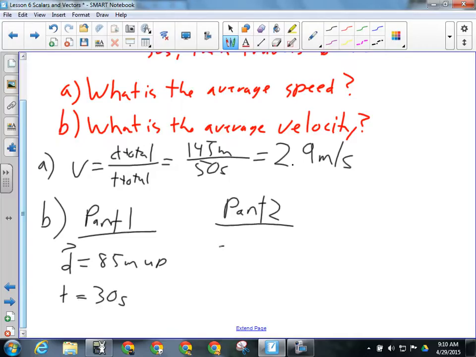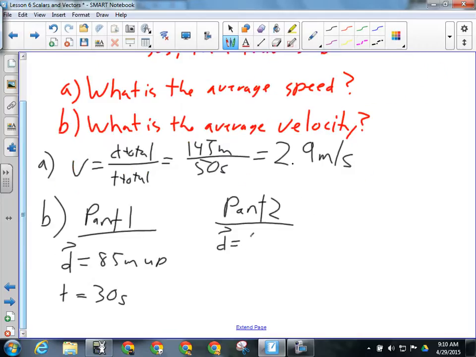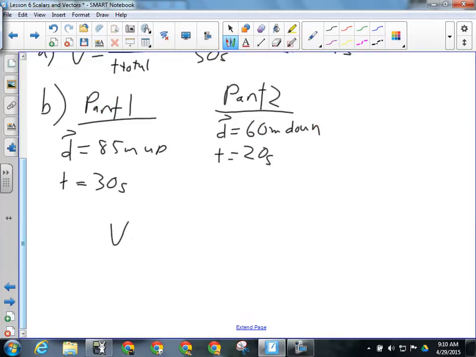Part 2, the displacement was 60 meters down, and that took place in 20 seconds. For average velocity, I want total displacement over total time.